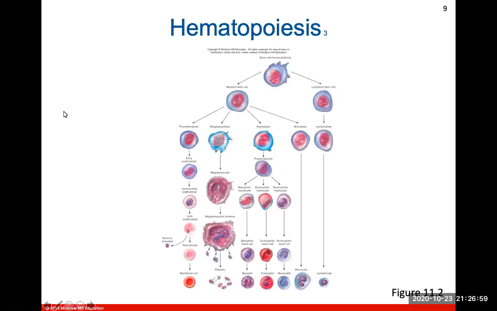And this is a chart showing that all of these formed element cells, whether they are a red blood cell, a platelet, or any of the 5 types of white blood cells, will all originate with one type of stem cell called the hematocytoblast, and through differentiation will form the particular type of cell.